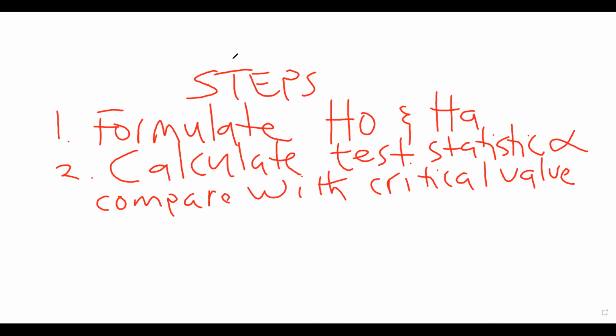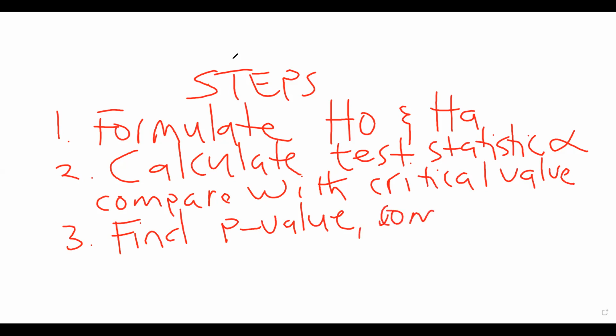Then the third step is to find the p-value, and then once you have found it, you compare it with the alpha, which is the level of significance.